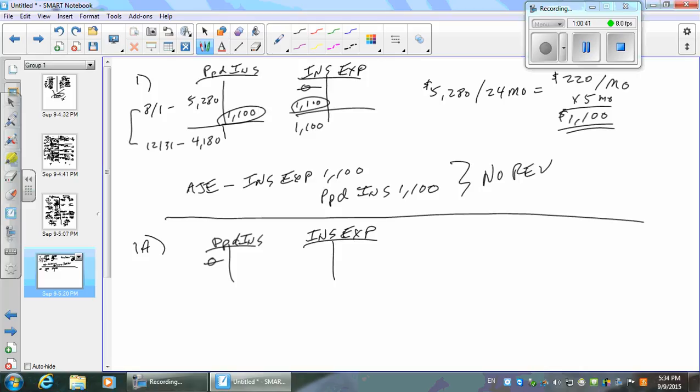Yes, they bought a policy for $5,280. This bookkeeper felt like putting it into prepaid insurance. This bookkeeper felt like putting it into what? It's insurance. It's either going to go into prepaid insurance or what? Insurance expense. Don't you think?